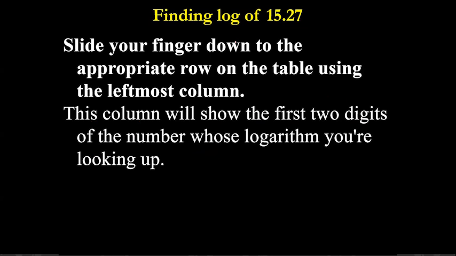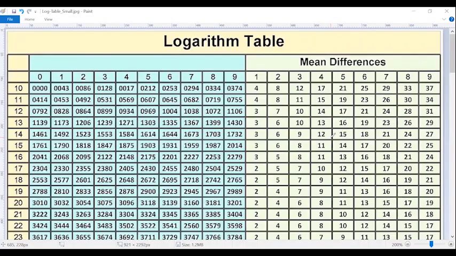So what we do, we slide the finger down to the appropriate row, and we first consider only the first 2 digits. And then, how it looks, I'm just going to switch it to the log table. I hope you are able to see the log table.